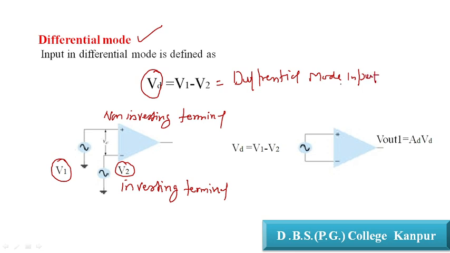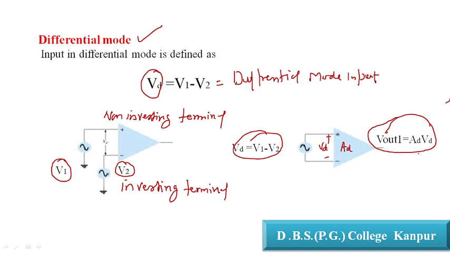If that input is applied to the terminals, that is VD, the difference of both terminal voltages applied as input, then the gain becomes AD, and the output voltage V out becomes AD into VD.